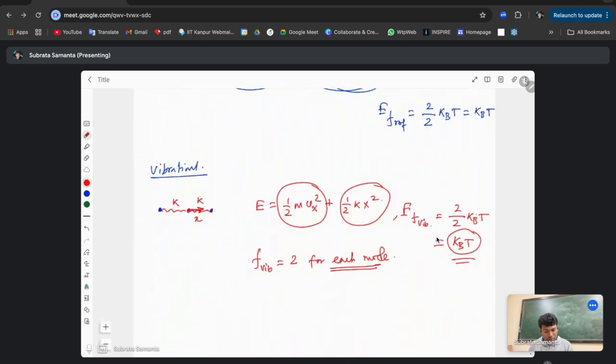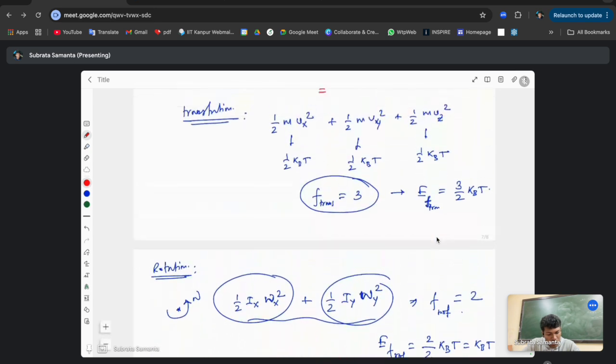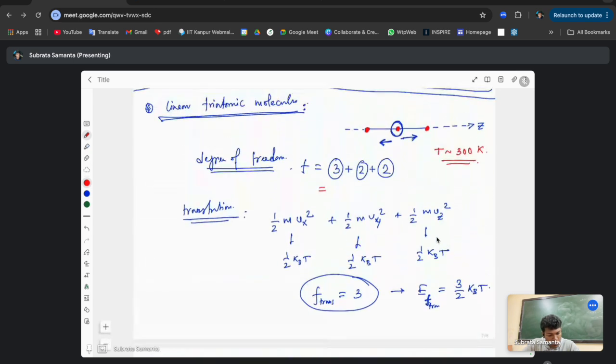Vx, Vy, Vz, that is already considered here. So this is along a linear molecule. X is fixed.